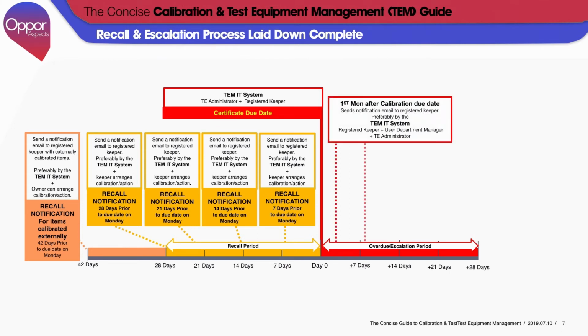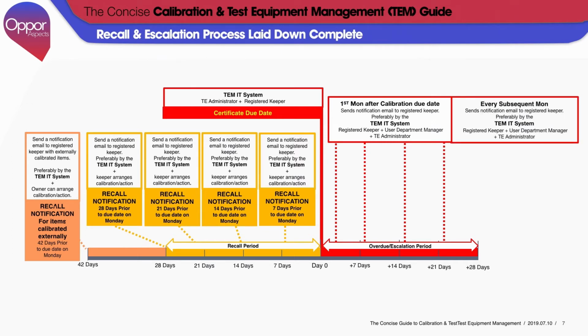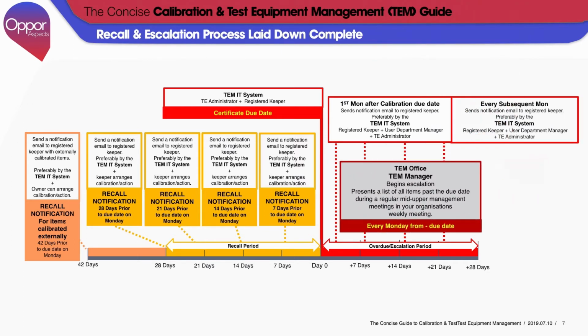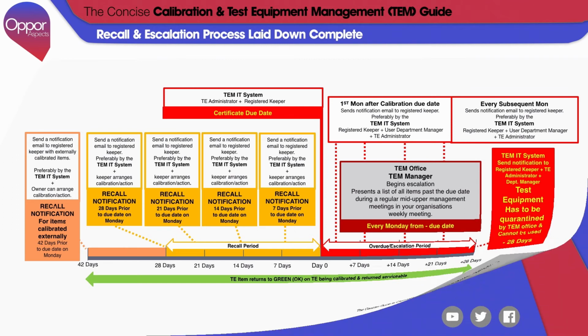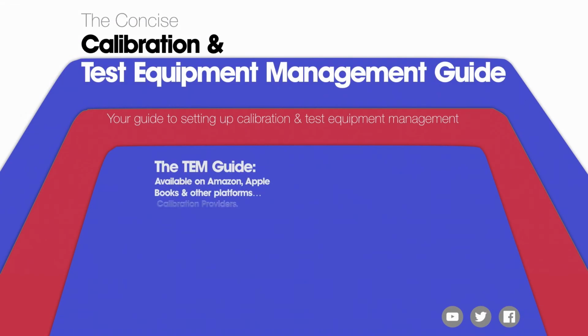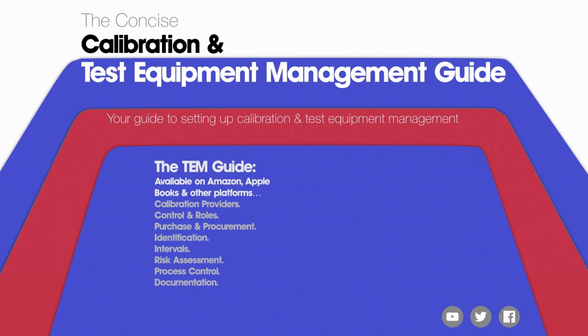Then of course the first Monday and every subsequent Monday the test equipment office will be chasing down senior management, and every Monday from the due date the test equipment manager will be reading out a list of these items. The item has to be quarantined at 28 days, not in use by anybody, has to be shut down, physically not able to be used. So that was the guide to recall and escalation processes within an ideal system.